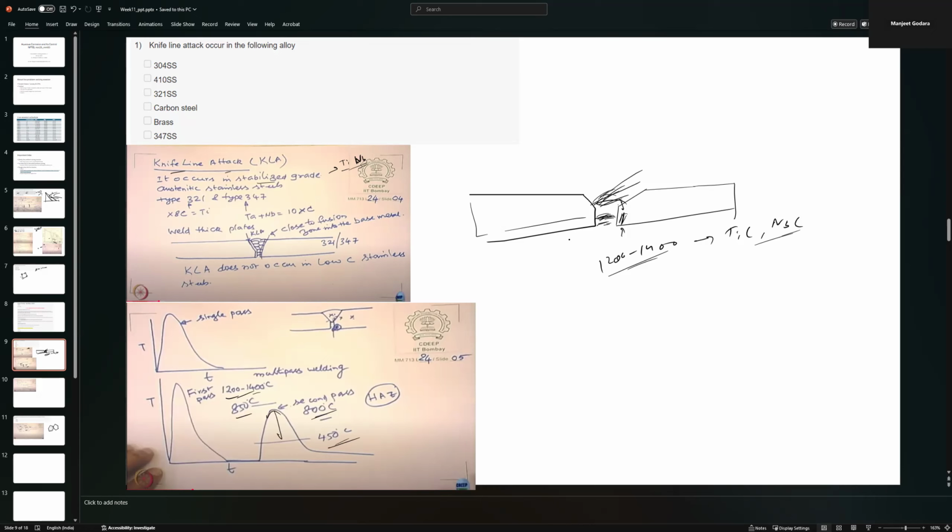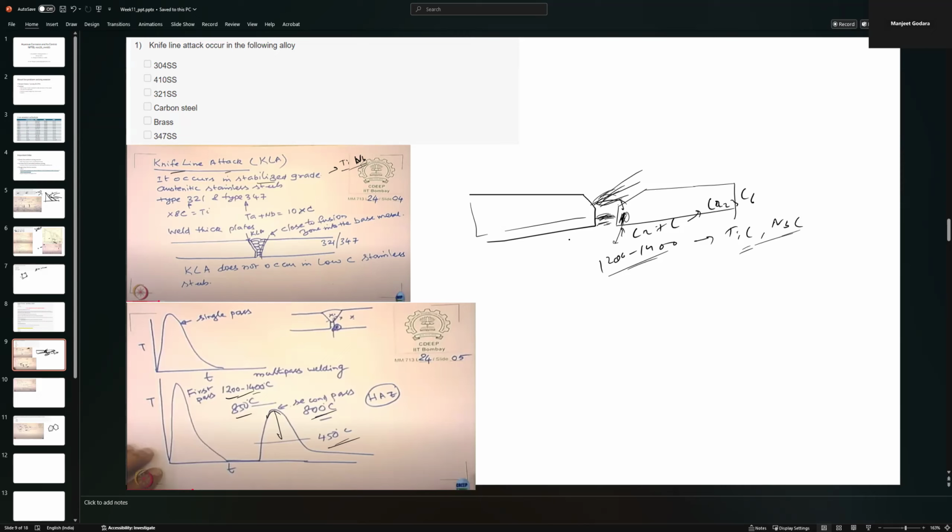Since this area is in that sensitization zone, your chromium will react with the freed up carbon, forming chromium carbide, Cr23C6. And then this area has become sensitized toward IGC. Right, so this is what we call knife line attack.